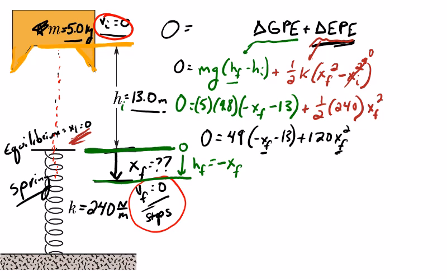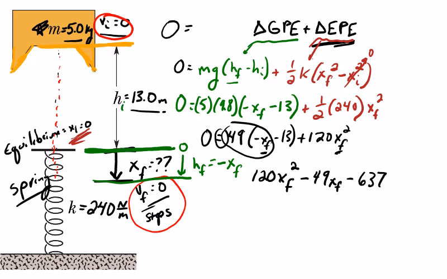So I'm going to put my 120 times XF squared first. And then I have this minus 49 times XF. And then I've got 49 times a negative 13. So I'm going to need to calculate what 49 times 13 is. Let's take my calculator, times 13. And I've got 637, but it's subtracted, so it's minus 637.